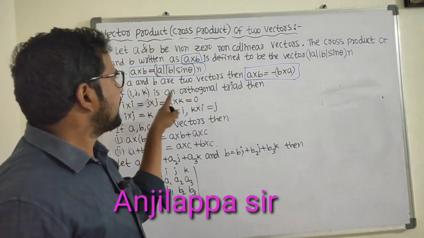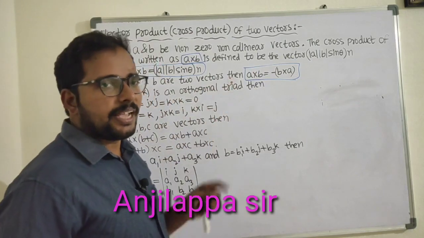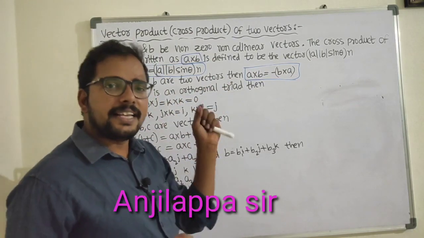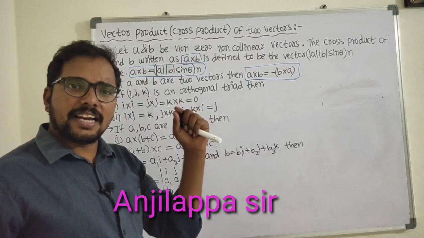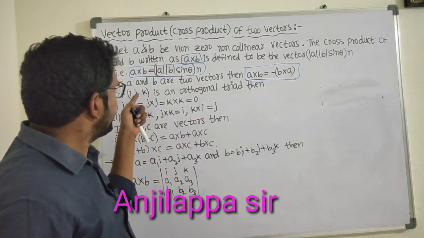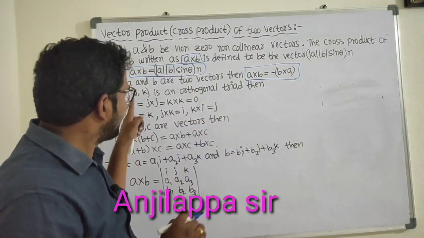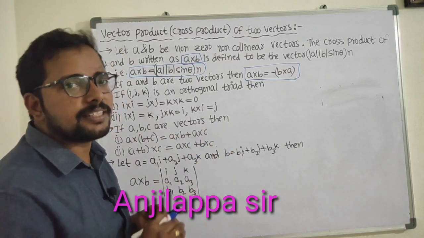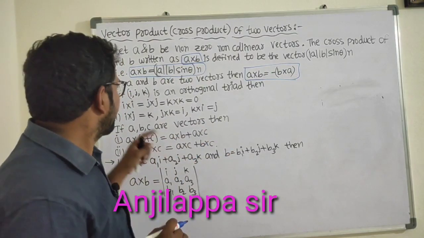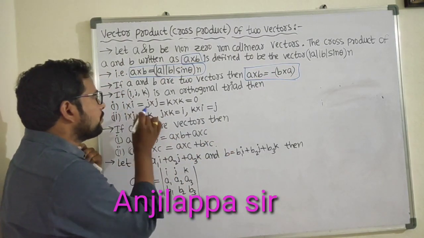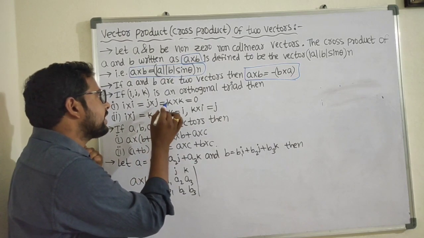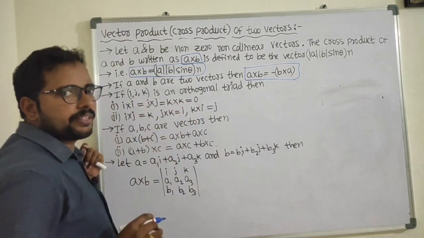If i, j, k is an orthogonal triad, where i is the unit vector along the x-axis, j is the unit vector along the y-axis, and k is the unit vector along the z-axis, then i cross i is equal to j cross j is equal to k cross k is equal to 0.